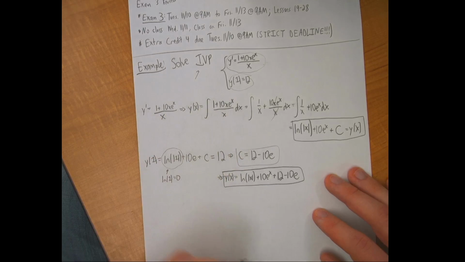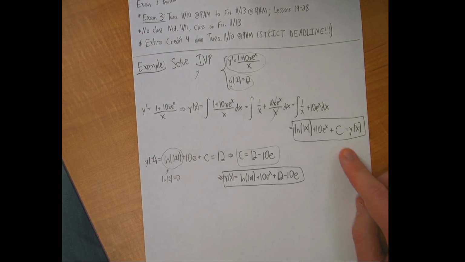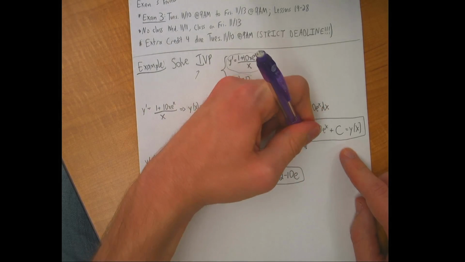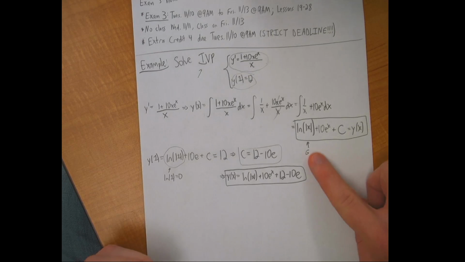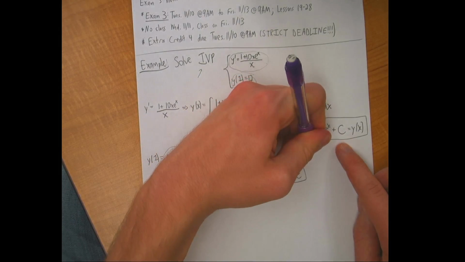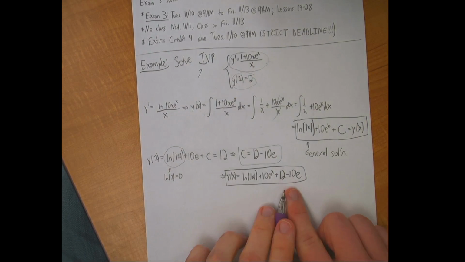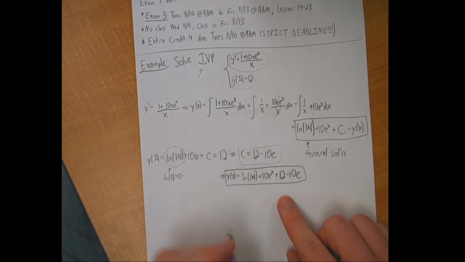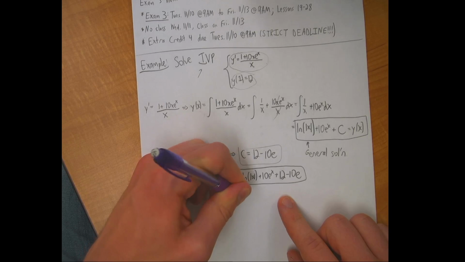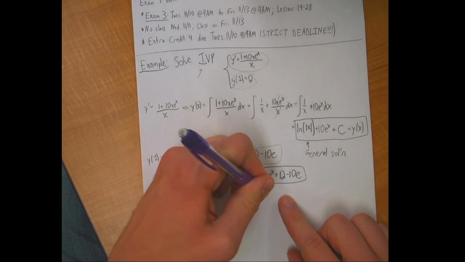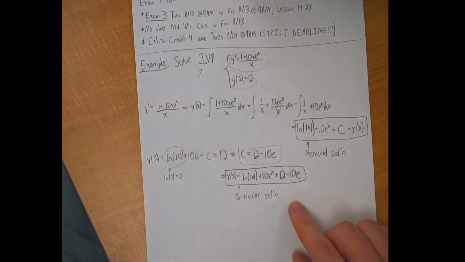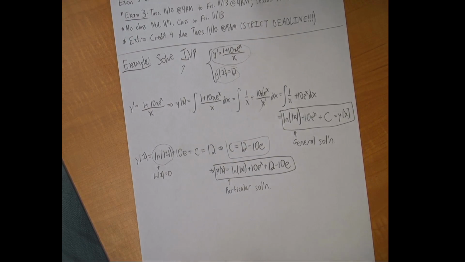So, just as a quick definition review, this is the general solution with just plus c, and this with the actual constant given to us is the particular solution. So that's that problem. Any questions on that before we move on?